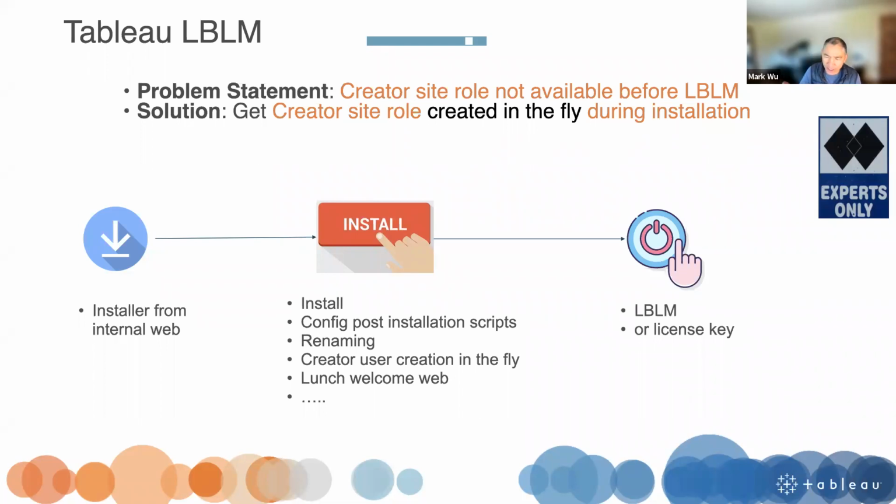You don't want the user to realize they don't have a site role, then the email takes time, so figure out which user, go to the server, create a site role and come back. Just too complicated. My answer is that in my installation package, I have a Python script built in. The installer calls my Python script that will create a site role Creator automatically on the fly during the installation.